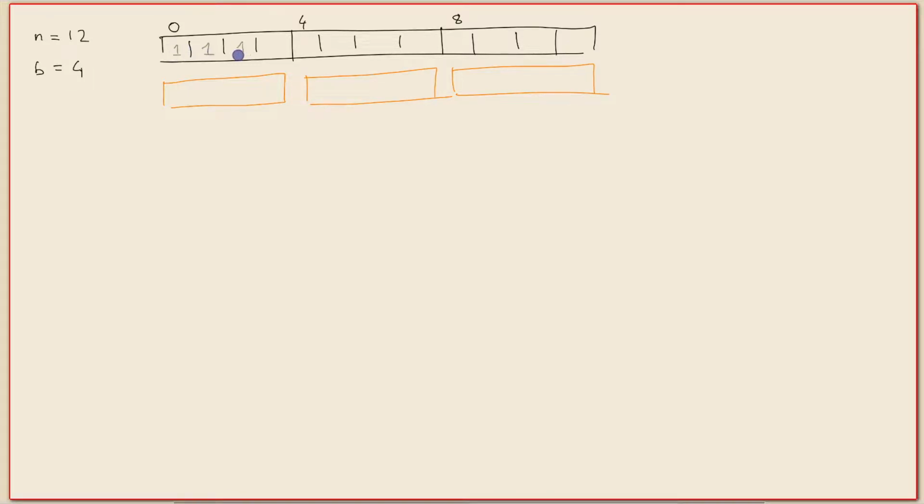Let's just say it's filled with 1s. It's easy to keep track of the sum then, but it's a little less opaque. The local prefix sums, they just compute the prefix sums in this block using the sequential algorithm. So I will fill this all with 1, 2, 3, 4.